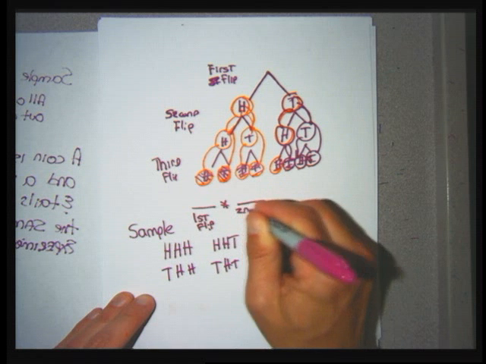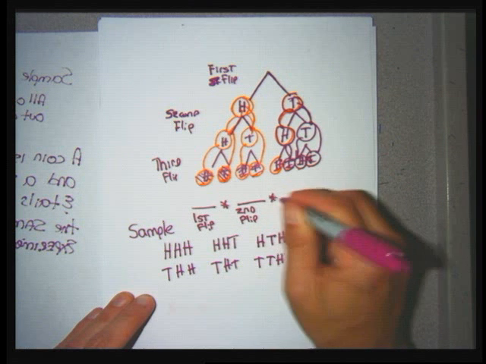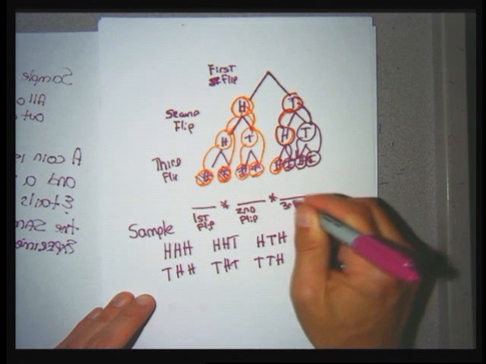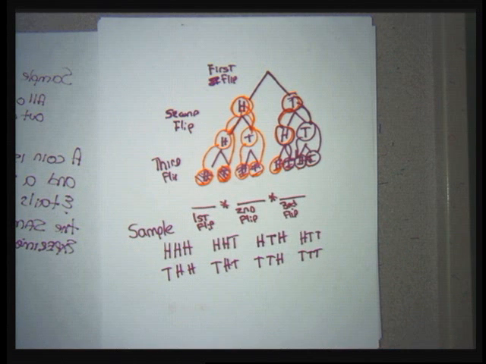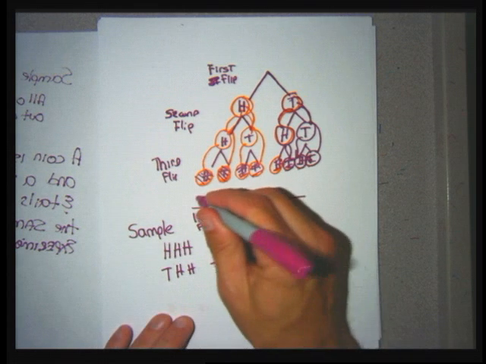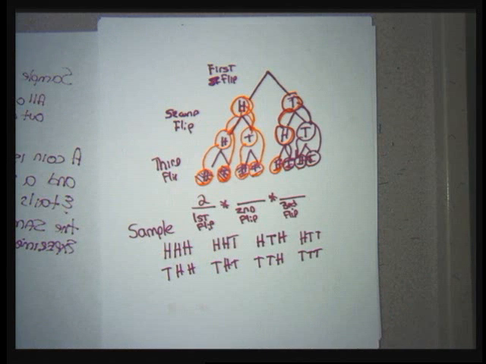So I'm going to write down each step of my experiment with a little line separated by a times sign. So I have a first flip, a second flip, and a third flip. On the little lines that go above the first flip, second flip, and third flip, I write the number of things that could happen. So on my first flip, I could get a head or a tail, so there are 2 things that can happen.